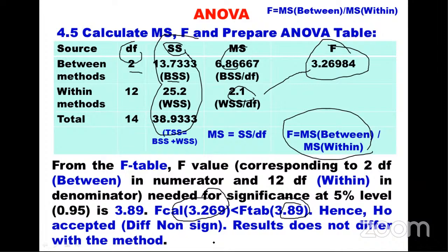So the results from method A, method B, and method C do not differ significantly. So here we can compare methods A, B, and C by analyzing the tablets. Okay, so which method is better, or what difference exists, can be determined using ANOVA.